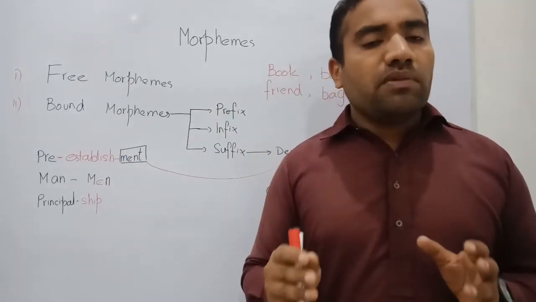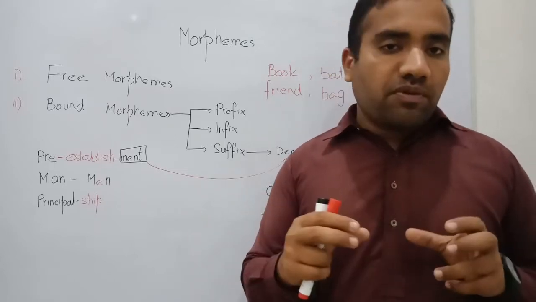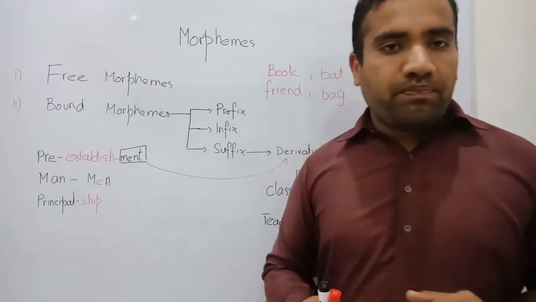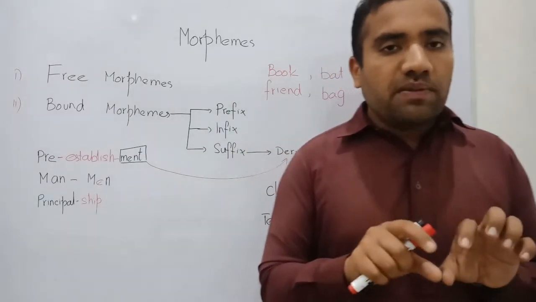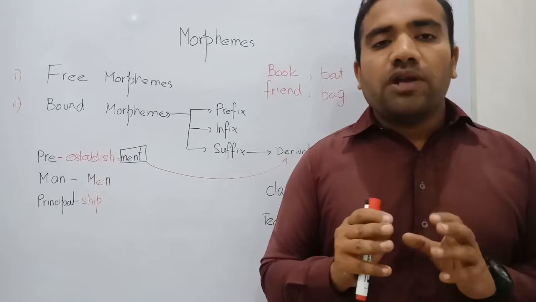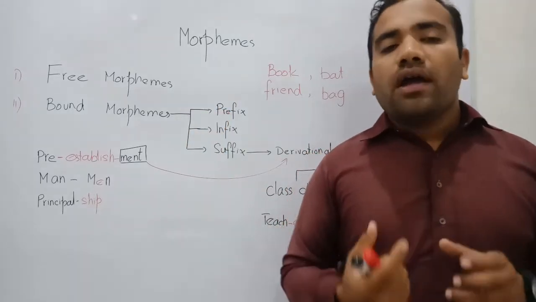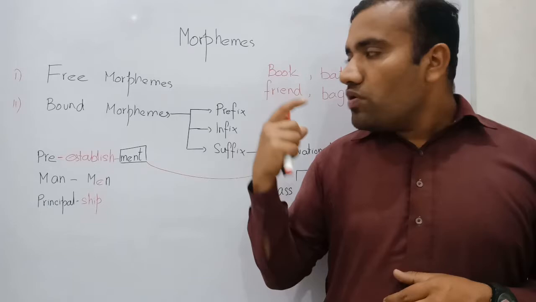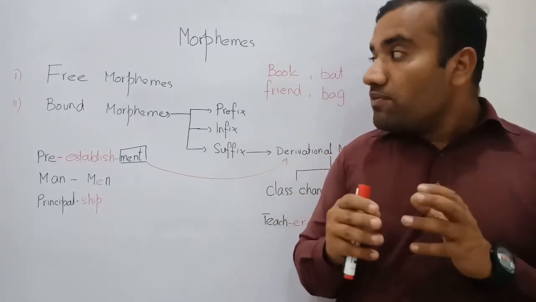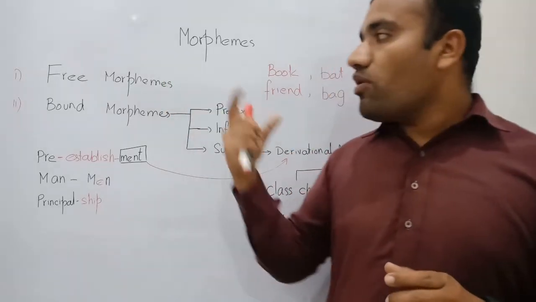The free morpheme gives us the semantic content, but we have another type of morpheme, that is the bound morpheme. Bound morphemes attach to the free morpheme, but the point is that free morphemes exist independently and bound morphemes don't exist independently.